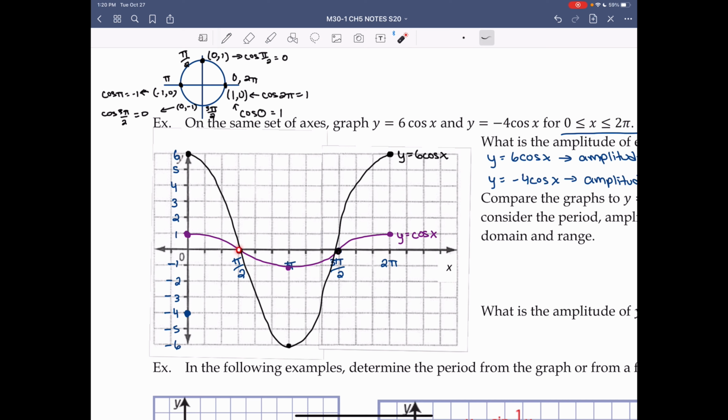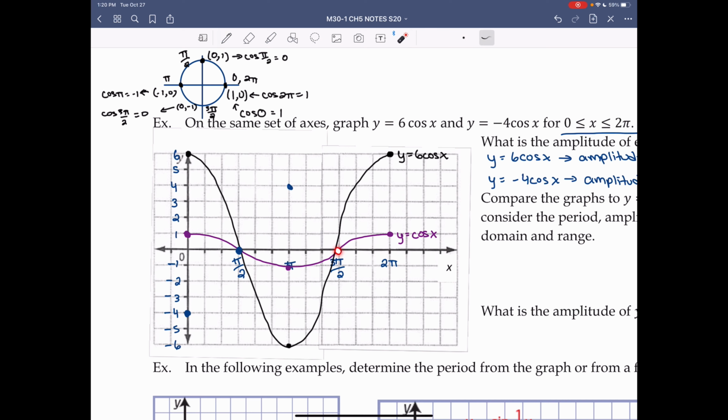Then at pi over 2, cos of pi over 2 is 0. Multiply that by -4, we still get 0. So -4 cos of pi over 2 equals 0.